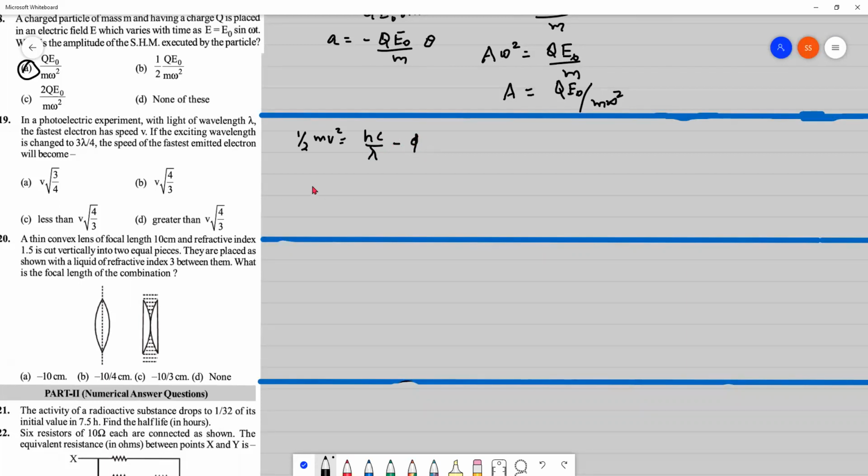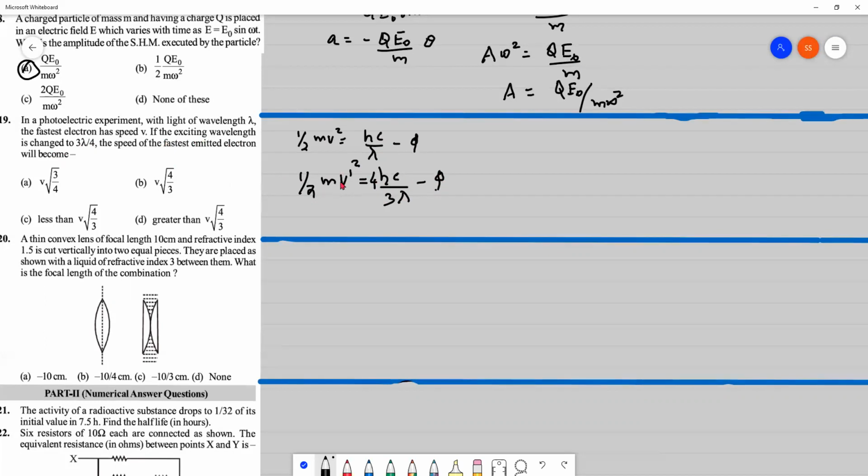Phi is the work function. If the exciting wavelength is changed to 3 lambda by 4, so half m v dash squared is equal to hc by 3 lambda by 4 minus phi.